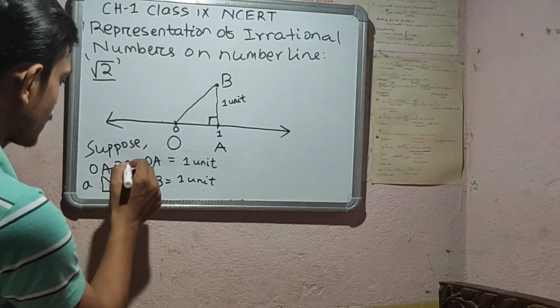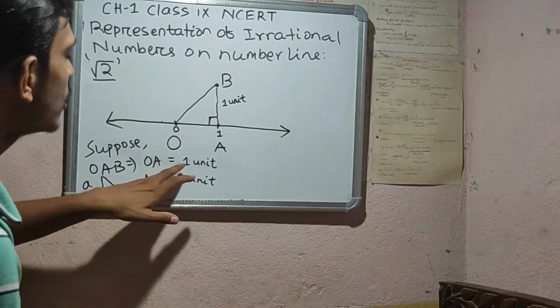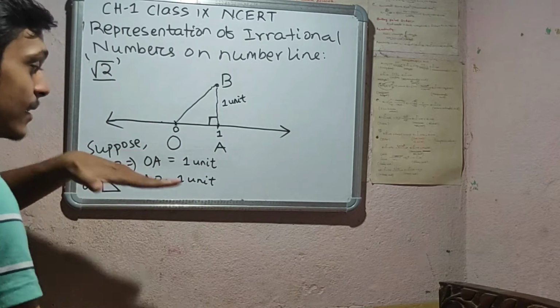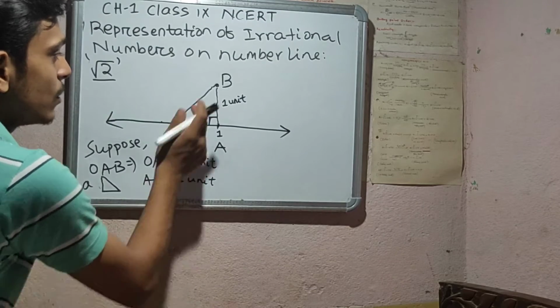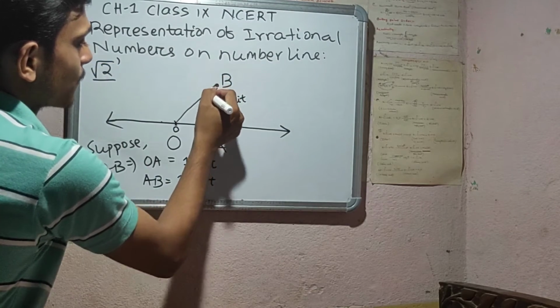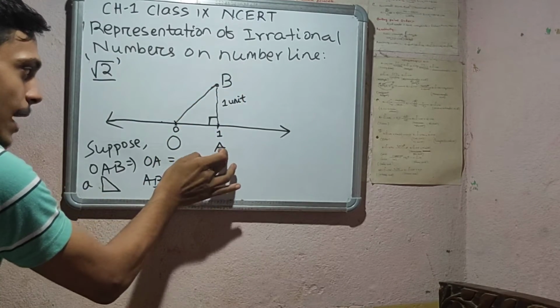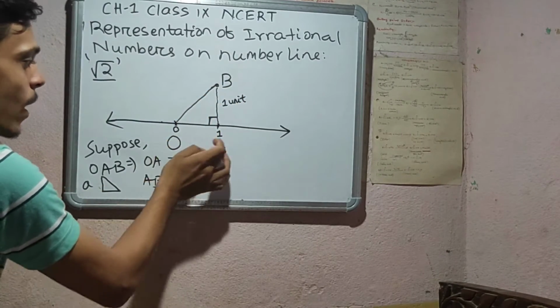So OA equal to 1 unit, AB equal to 1 unit. It is very interesting and very important. Carefully see: the AB length is 1 unit, and the OA length is 1 unit.